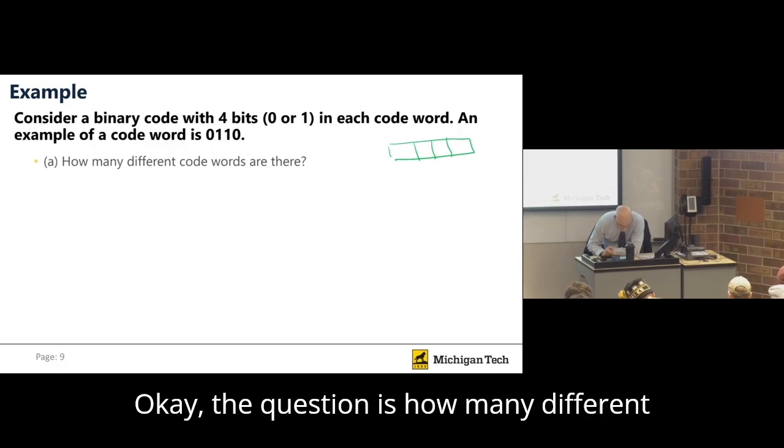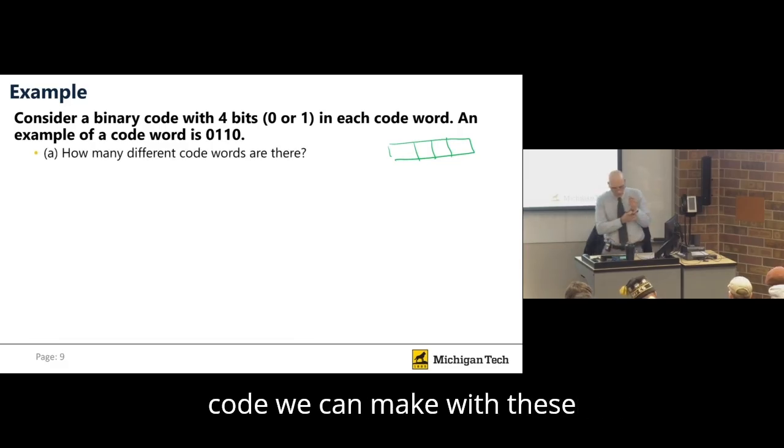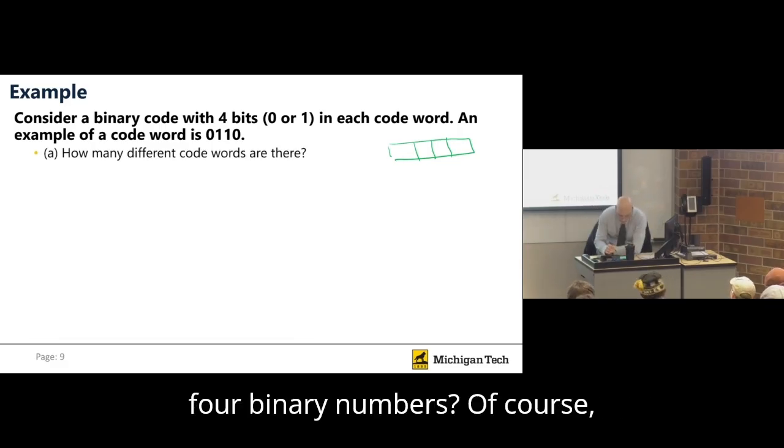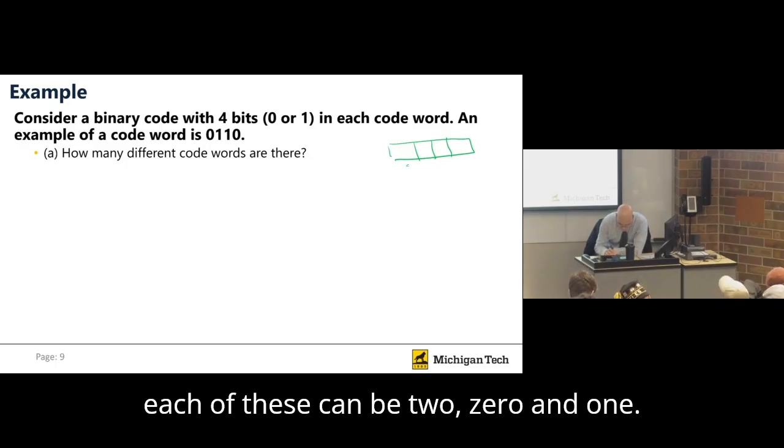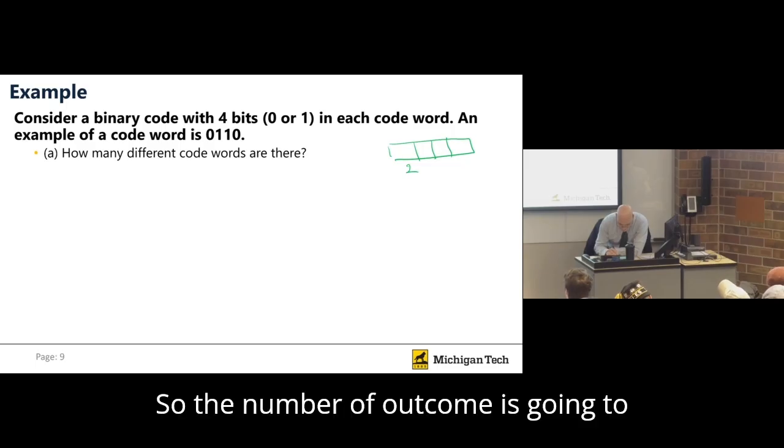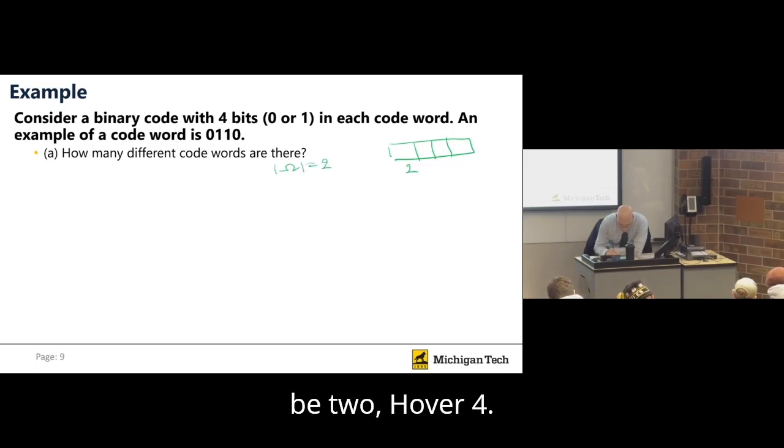The question is how many different codes we can make with these 4 binary numbers. Of course, each of these can be 0 or 1, so the number of outcomes is going to be 2 to the power 4. It's going to be 16.